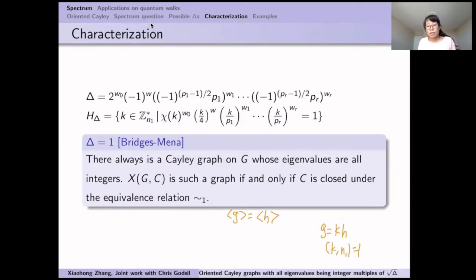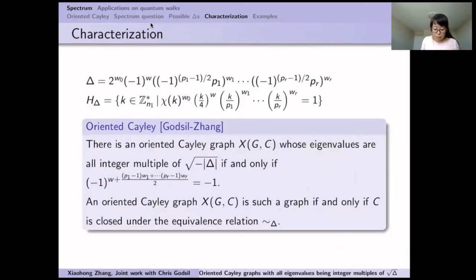For other deltas, if delta is not 0 or 1, we have a quadratic extension. In particular, if we want to get an oriented Cayley graph, the deltas must be negative. So for this, we write delta as a product of different primes. And again, there is a corresponding subgroup.